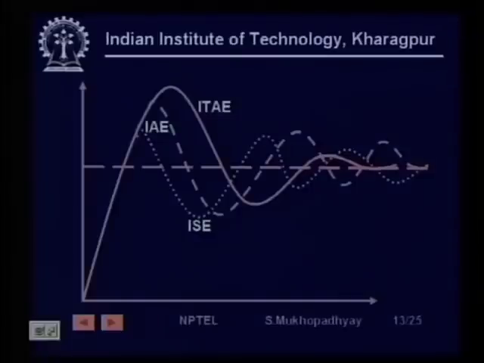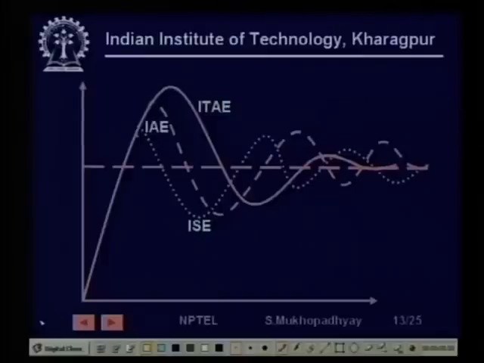So, for example, this is a typical waveform: if you took a step response in a control loop designed based on ITAE, it may so happen that you will initially get a high overshoot, but it will probably die down faster, because that is what is penalized heavily. On the other hand, if you compare ISE and IAE, you will find that in ISE error magnitudes are going to be less than IAE, because in ISE bigger errors are heavily penalized.